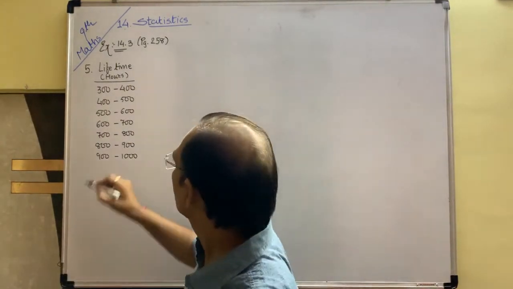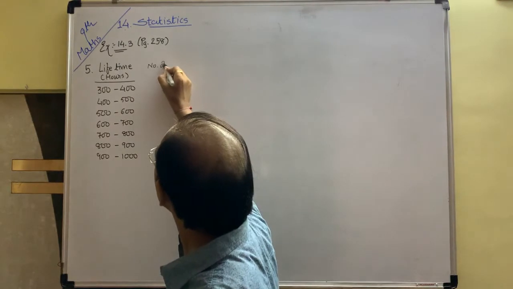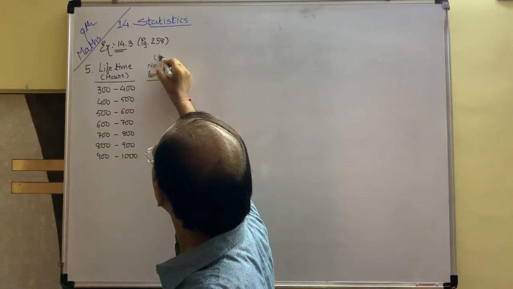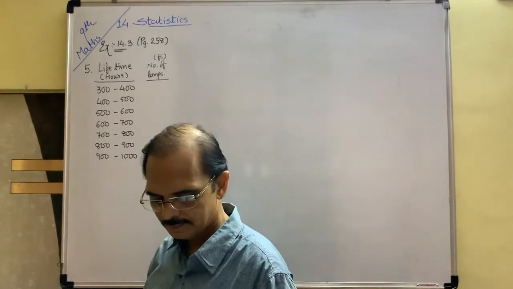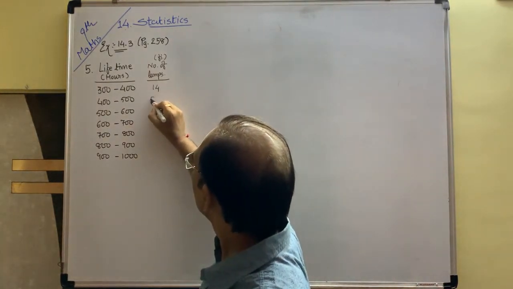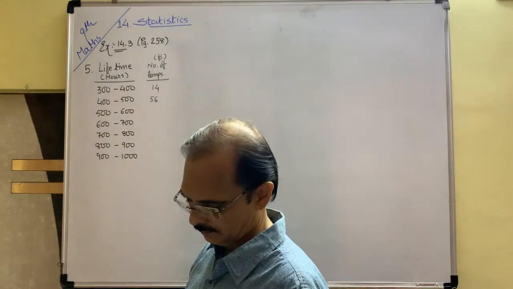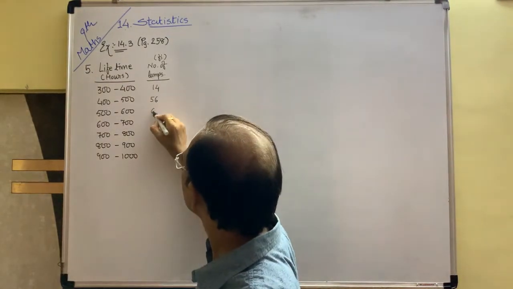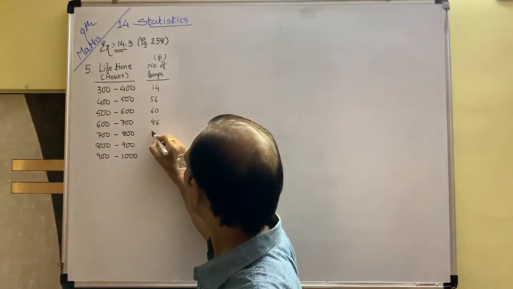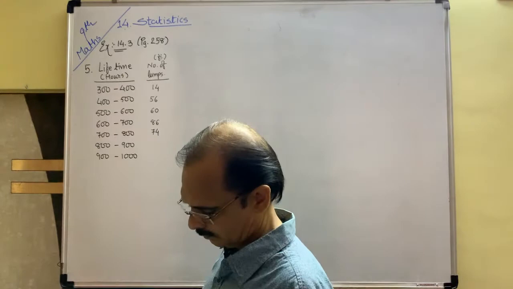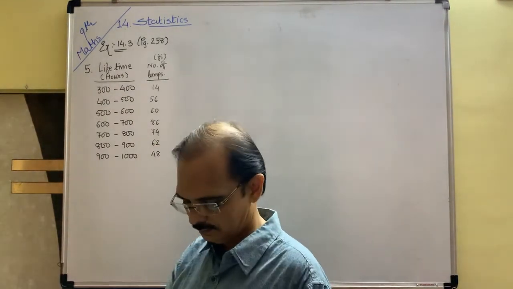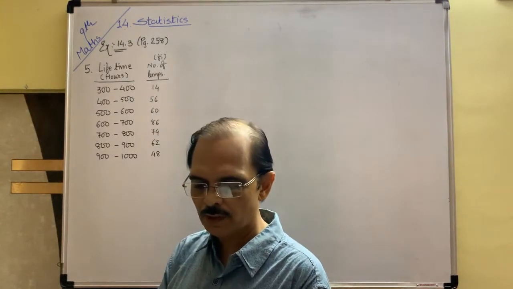Number of lamps, neon lamps, that is our frequency: 14, 56, 60, 86, 74, 62 and 48.